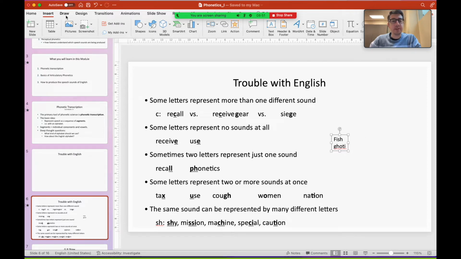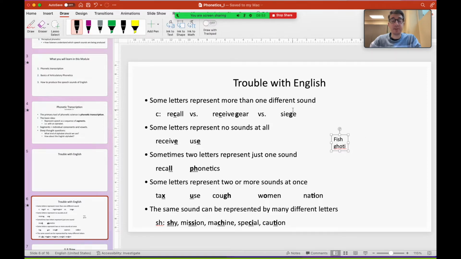He said that English spelling is ridiculous because you could basically take f in cough and put it here, take o in women and put it here, and it would be the sound i. And nation, sh from nation, and there you go. Cough, f; women, i; nation, sh: fish.